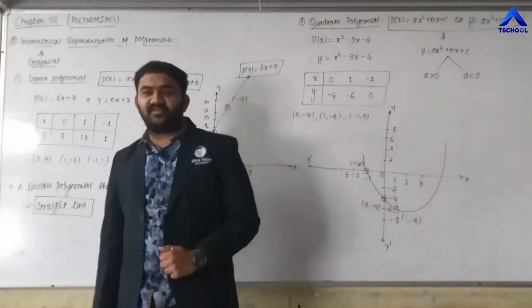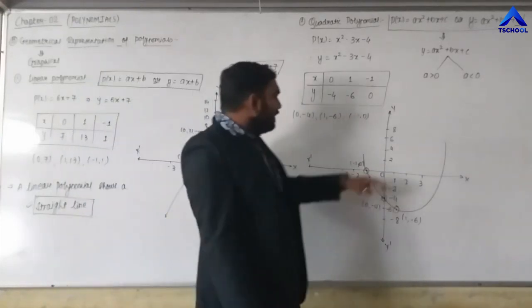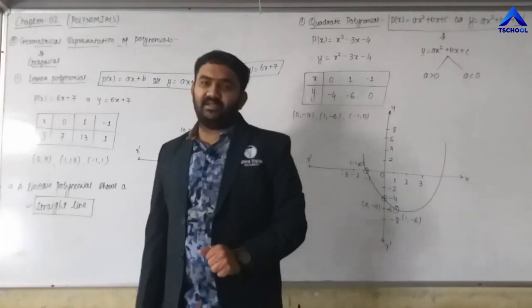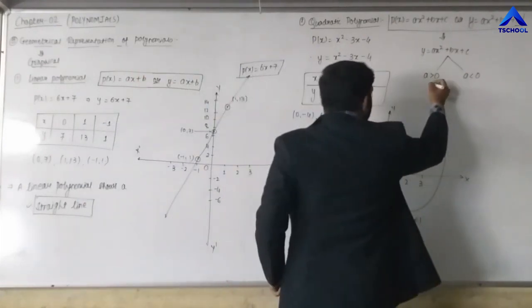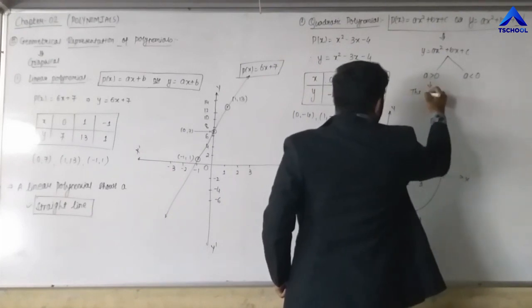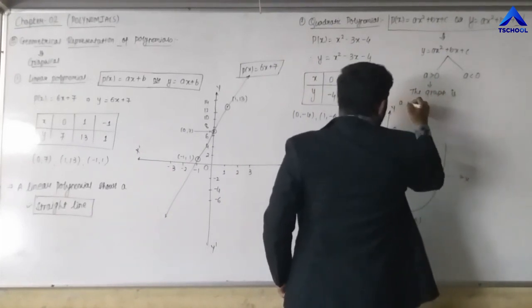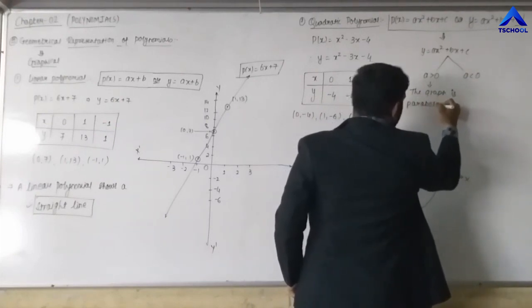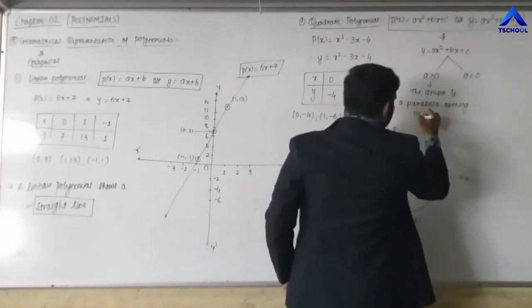So if the coefficient of x square is positive and if the coefficient of x square is negative. If the coefficient of x square is positive here, then the graph is a parabola opening upwards, right?